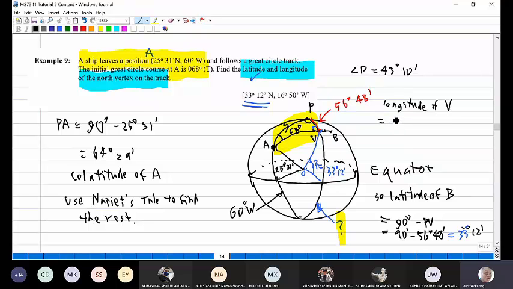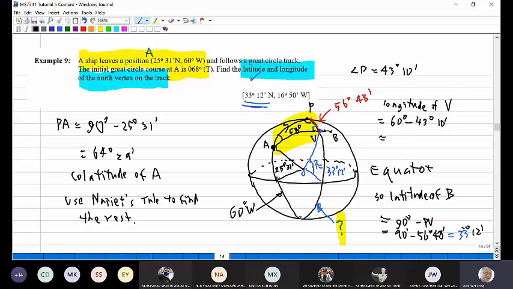You start with 60 degrees west. You move to the east by how much? The angle P tells you how much you have to move to the east. So subtract the angle, 43 degrees 10 minutes. Okay, 60 degrees west. Move to the east, how much do you get?